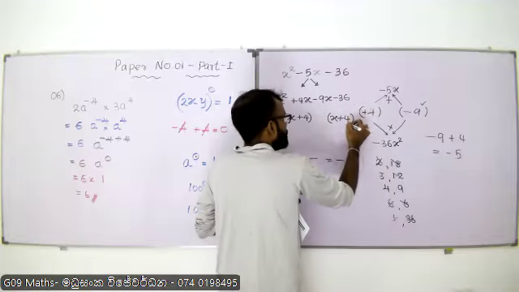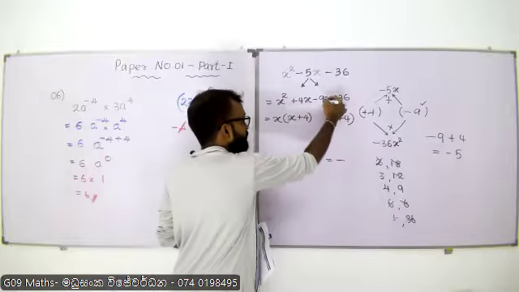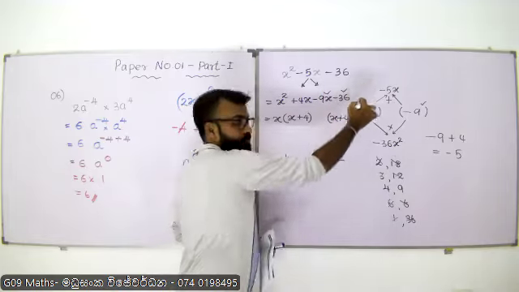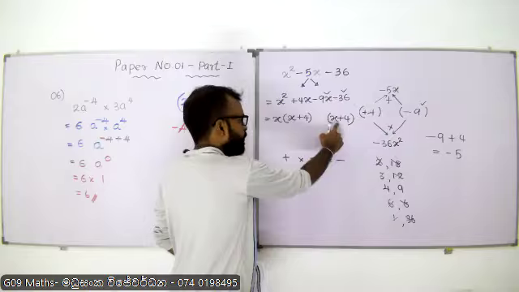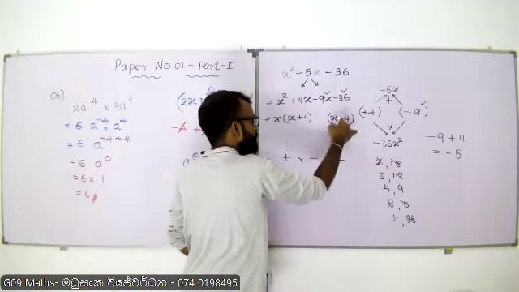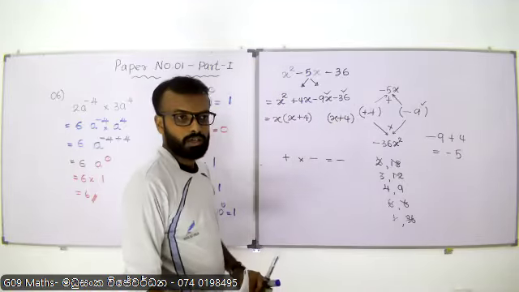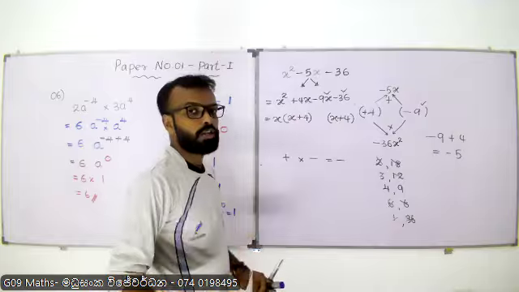You need to form this x plus 4 by using this term and this term inside the bracket. What is the common term? You are going to take it out. That is the important thing.